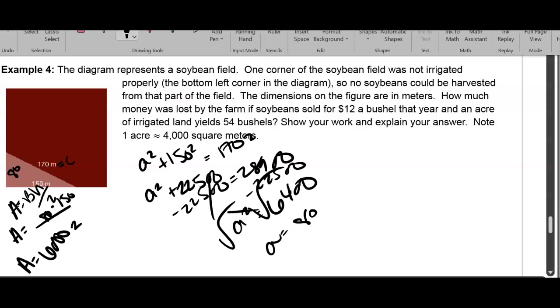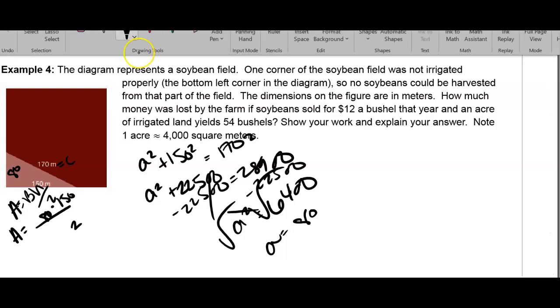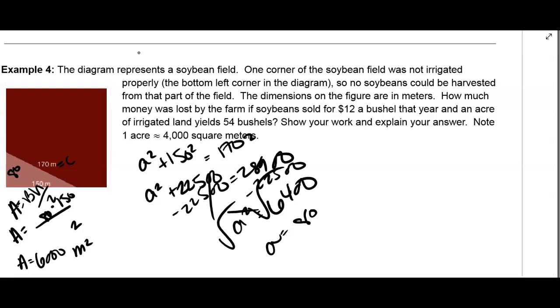Let me rewrite that so it's not going so up. And they tell me that soybeans sold for $12 a bushel that year, and an acre of irrigated land yields 54 bushels. 1 acre is 4,000 square meters. So I have 6,000 square meters, so I have some acres.